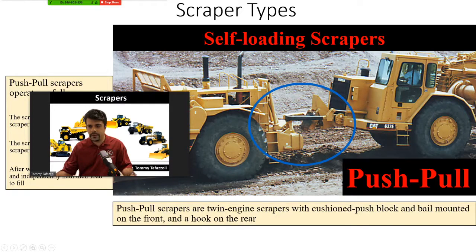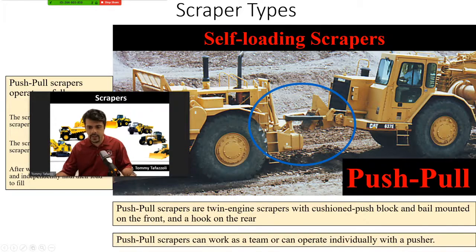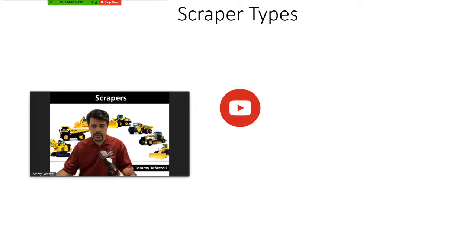The operator does not have to get off the machine. They can just control the hook from there to engage and disengage their machine. Push-pull scrapers can work as a team or can operate individually with a pusher.